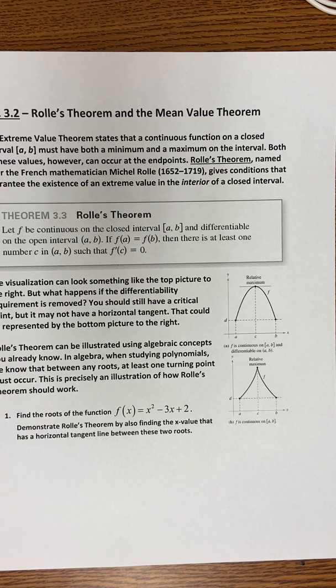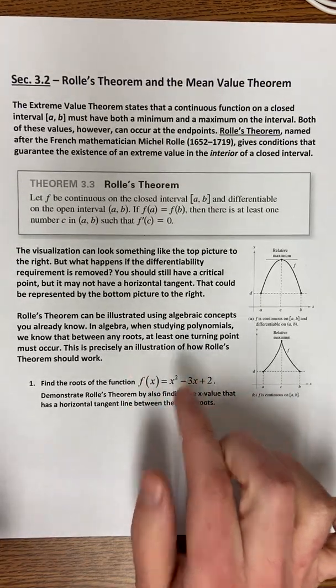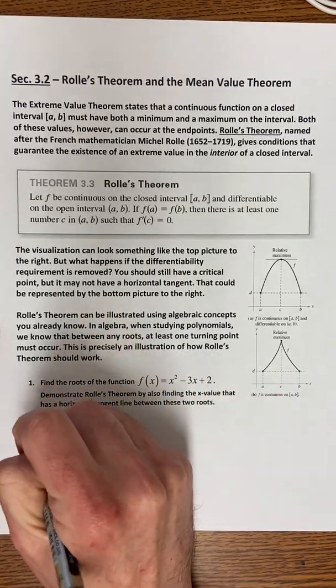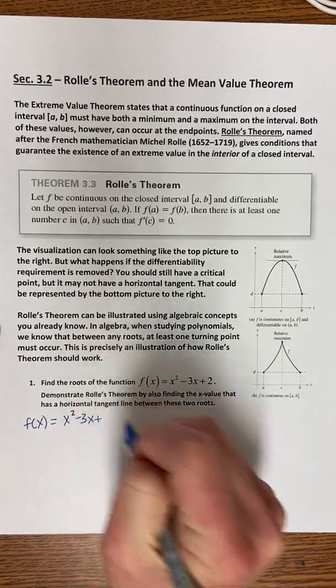So first, let's find the roots of the function f of x equals x squared minus 3x plus 2, and then demonstrate Rolle's theorem by finding the derivative of the function, setting it equal to 0 to show that there's a horizontal tangent line at some point between our two roots that we found. So to find the roots here, we can factor. We have f of x equals x squared minus 3x plus 2.